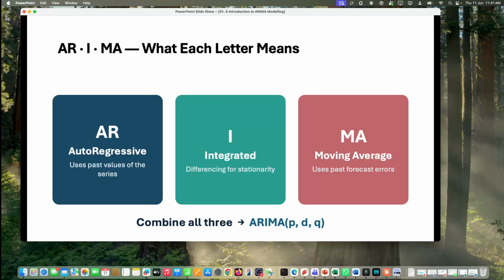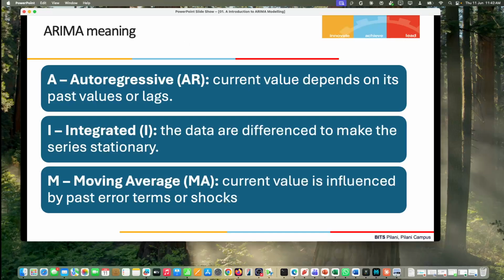Moving average means it uses the forecast errors, the past errors. So we combine all three, ARIMA, PDQ. AR stands for autoregressive, past values. I stands for differencing a non-stationary series into a stationary one. And MA is the moving average, which we call the past errors.